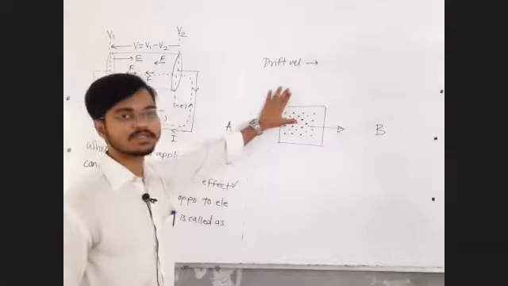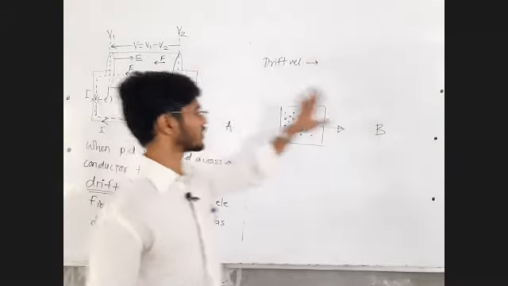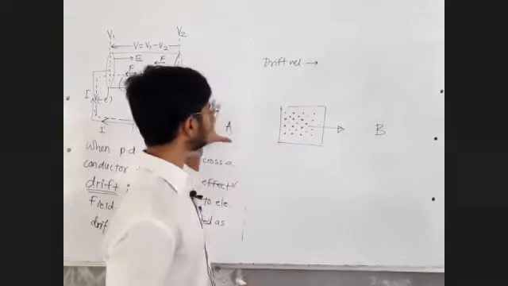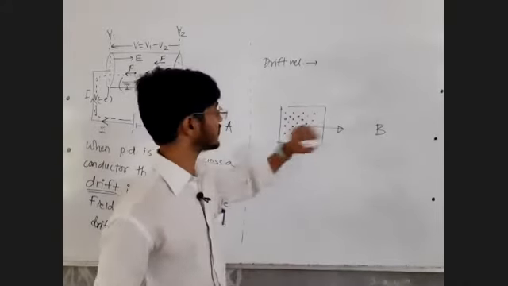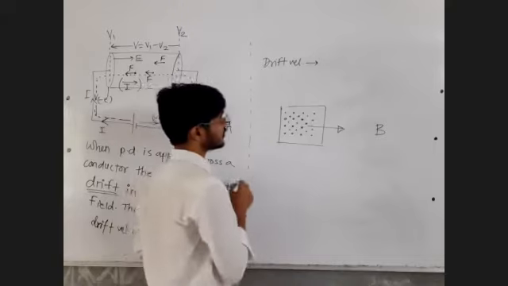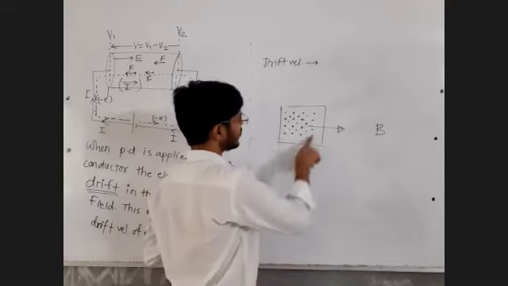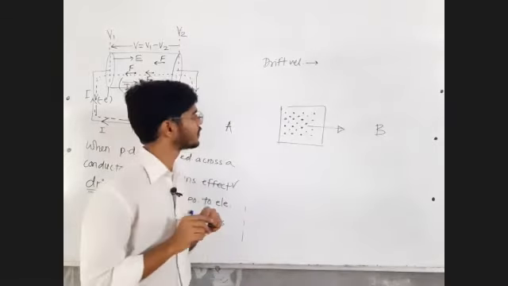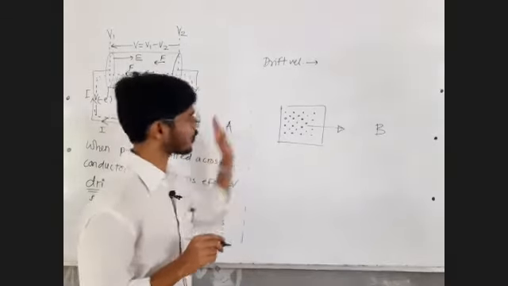Definitely these are some animals who are migrating. During the migration they are running very fast, right? So each and every animal is basically moving from point A to B.